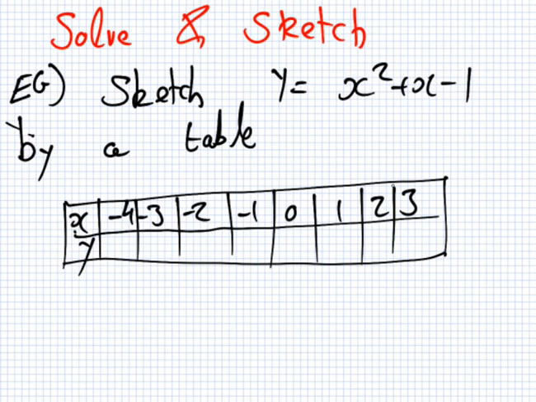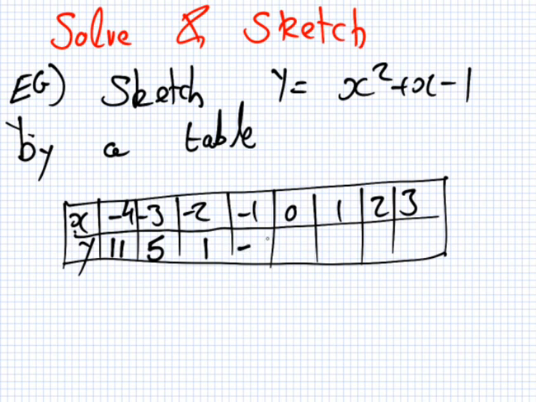So you could go, okay, I don't know, minus 4, minus 3, minus 2, minus 1, 0, 1, 2, 3, something like this. This is not the best way to do it, but it will work. If I put in minus 4, I'll get 16, minus 4 is 12, minus 1, 11.